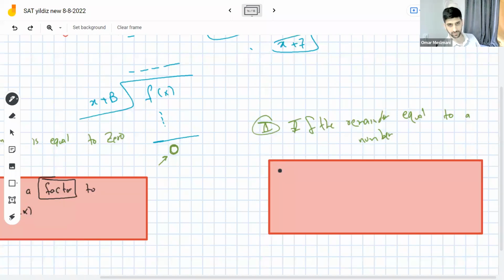Then if you divide fx by x plus b, the remainder is something, just a number, whatever the remainder is. Okay, if equal to a number, let's say the number is something alpha.